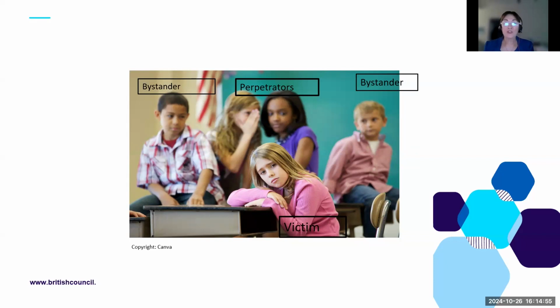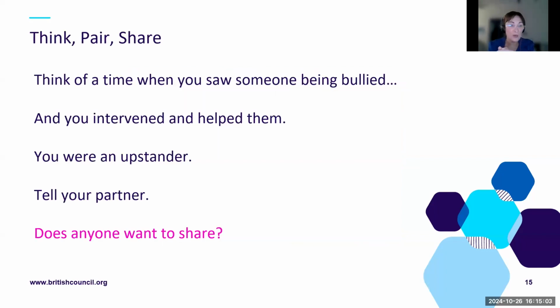Then we did this, we got together to do this think, pair, share exercise, where you've got to think the answer, Linda, and you tell your partner. And I said, okay, think of a time when you saw someone being bullied, and you intervened and helped them. So you were an upstander. You really tried to help.